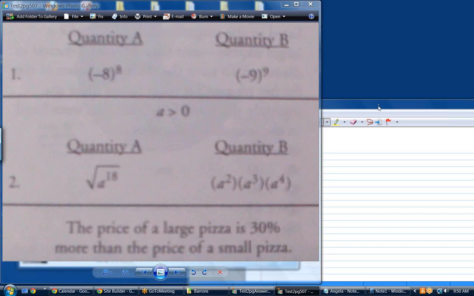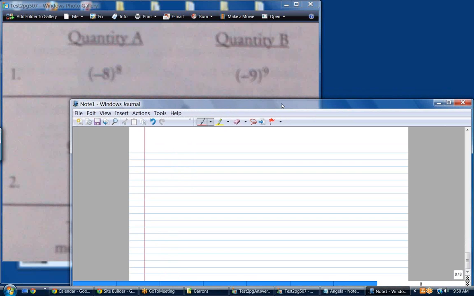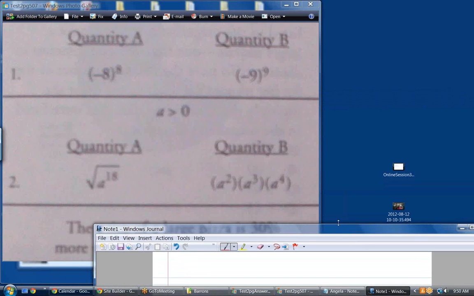Okay, in this case, quantity A would be larger. Okay.